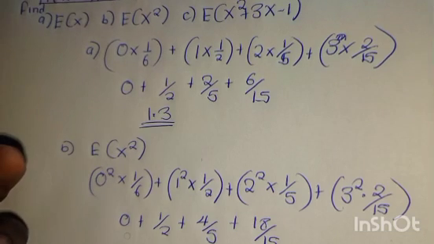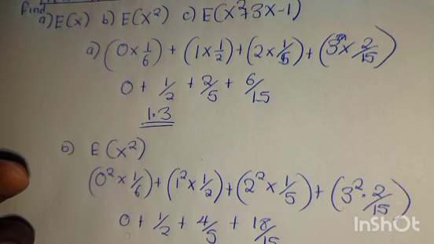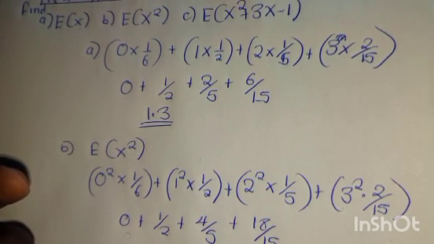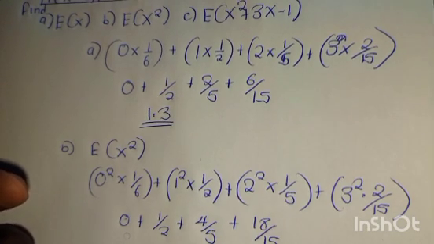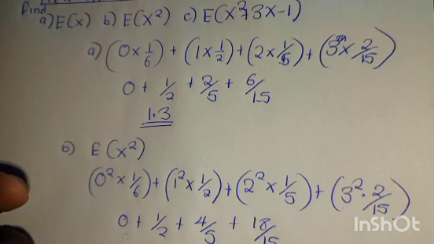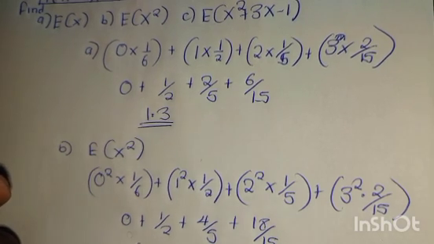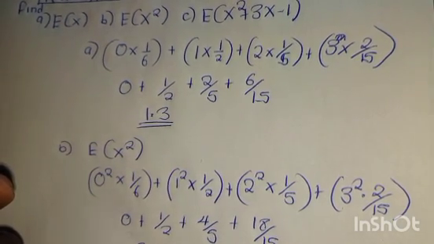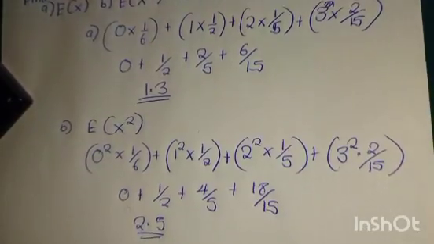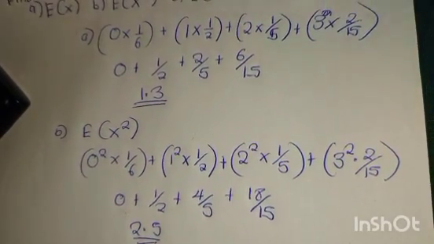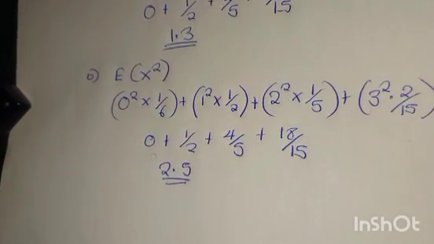Then you grab your calculator and add 0 plus 0.5. Remember, 1 over 2 is the same as 0.5. Then 0.8 plus 18 divided by 15, and you get your answer to be 2.5. So 2.5 is the answer that you get when you add the results.